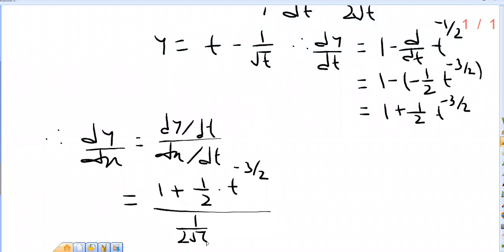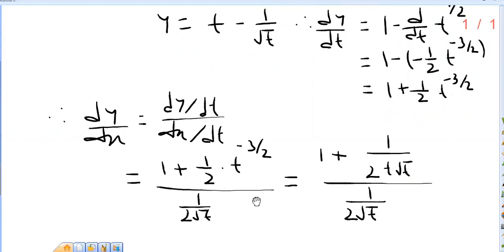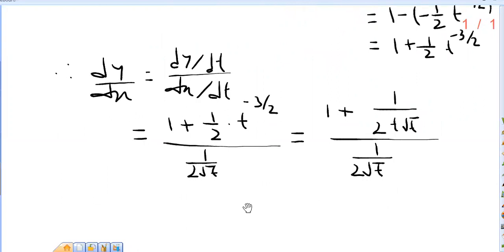Okay. Now let us simplify this using laws of indices. Now t raised to minus 3 by 2, see, this is basically a sum of laws of indices, right? So 1 upon 2, now t raised to 3 by 2, I better write this as t root t. T raised to 3 by 2 means t root t only. Upon 1 upon 2 root t. Now we are simplifying dy dx only.